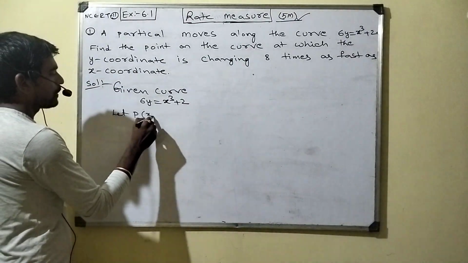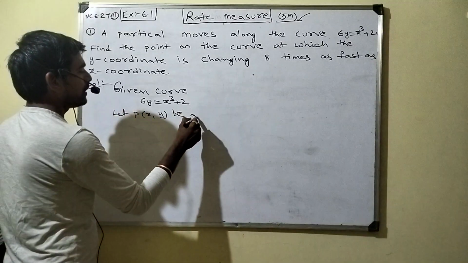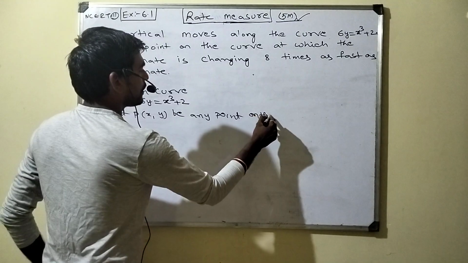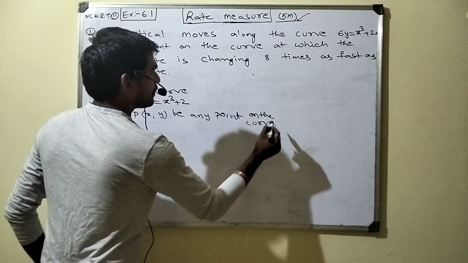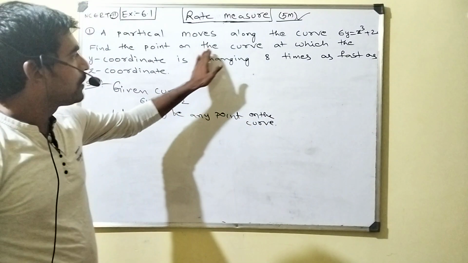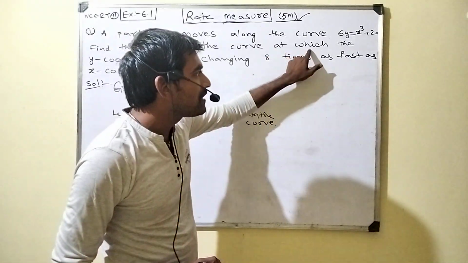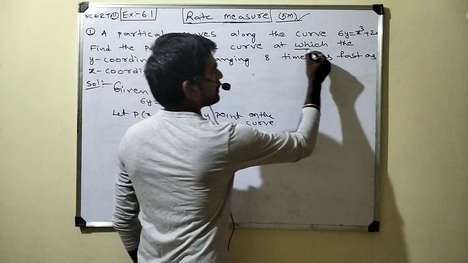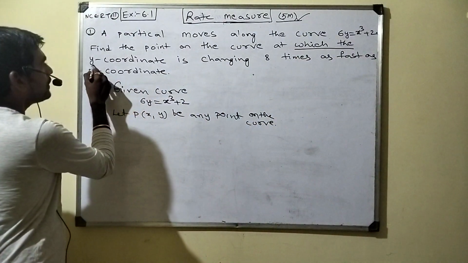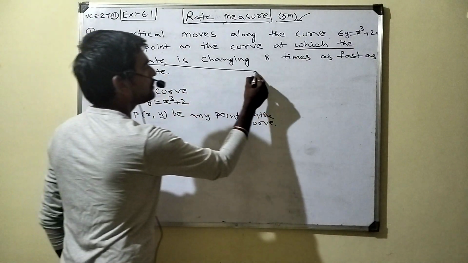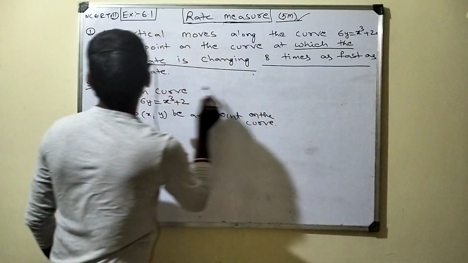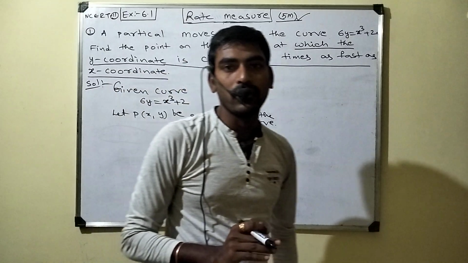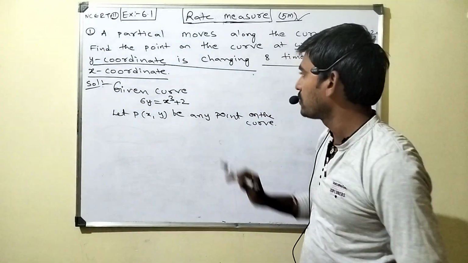Let P(x, y) be any point on the curve at which the y coordinate is changing 8 times as fast as the x coordinate. This is the most important point we are going to discuss in this question.